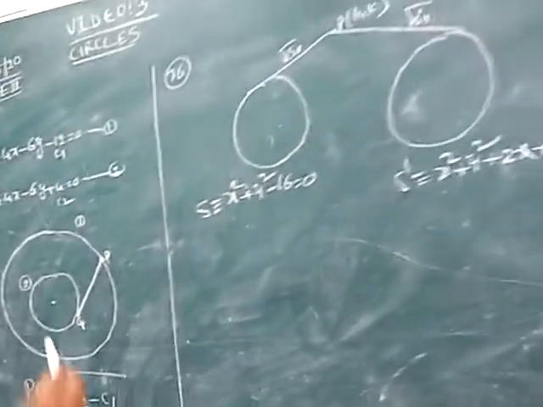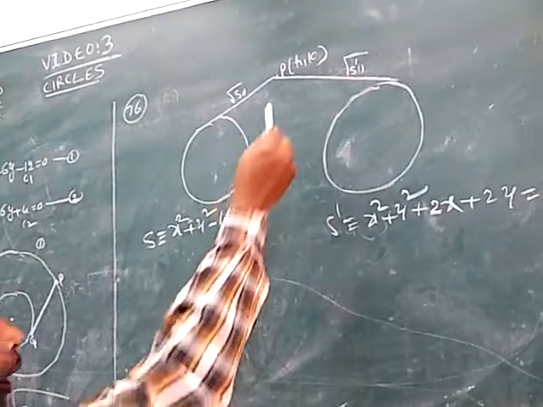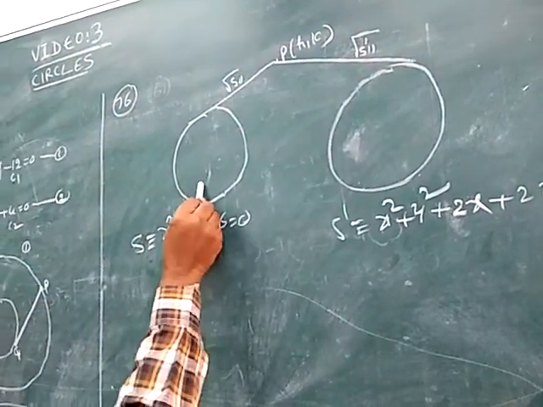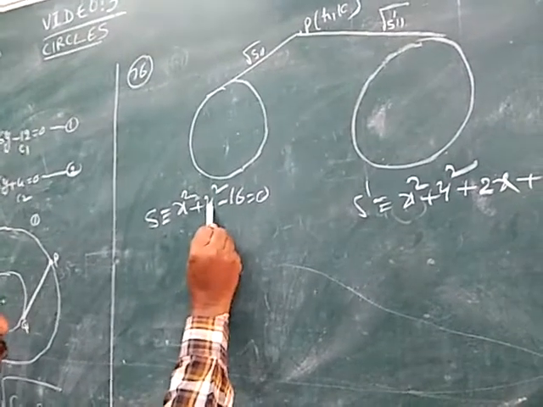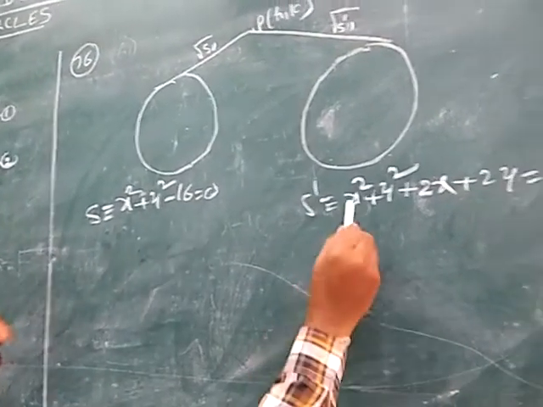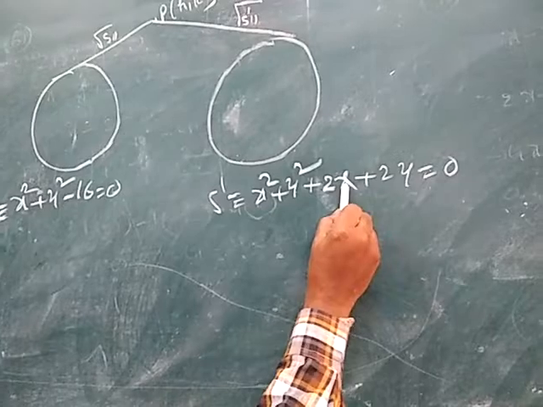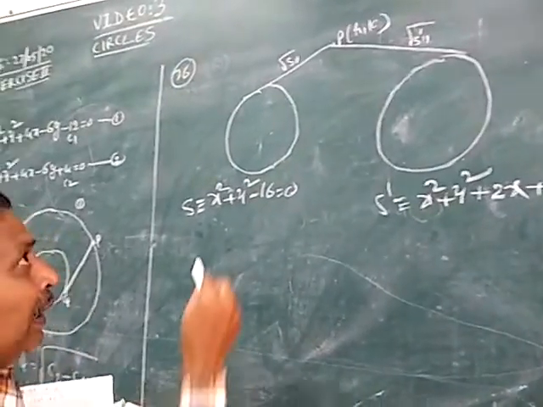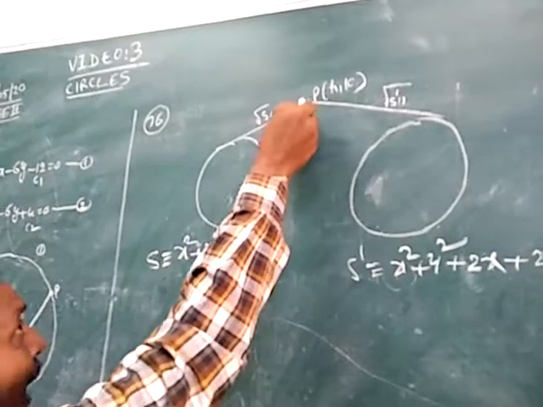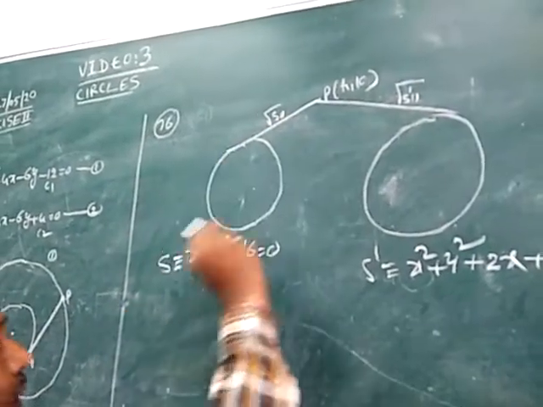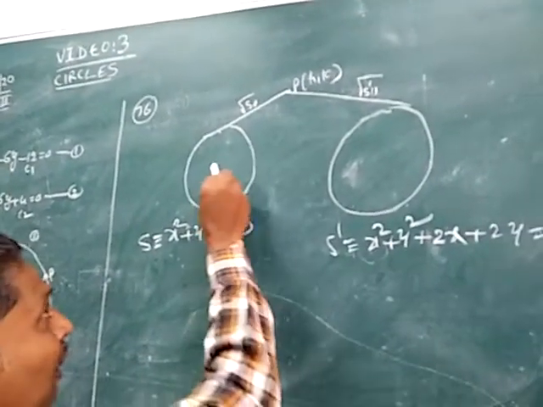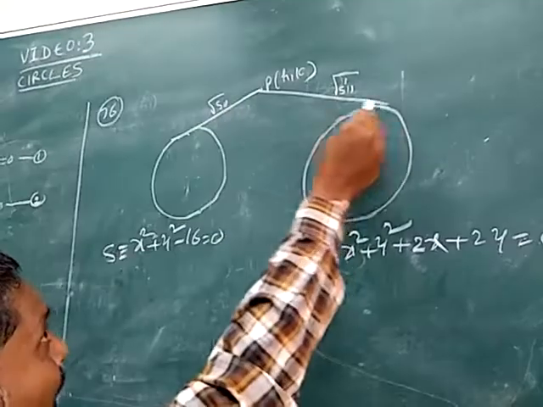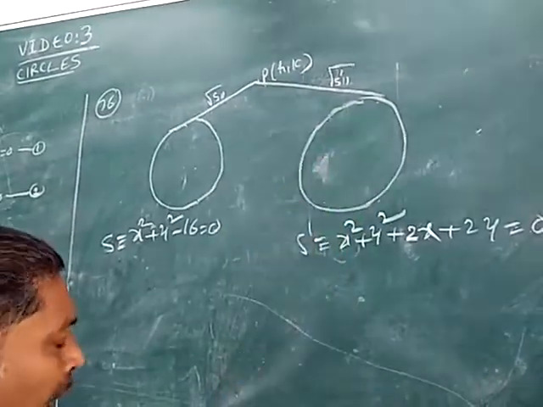Next, bit number 76. Given point P (h, k) and two circles x square plus y square minus 16 and x square plus y square plus 2x plus 2y equals 0. The given condition is that the length of the tangent from P to the first circle is twice the length of the tangent from P to the second circle.